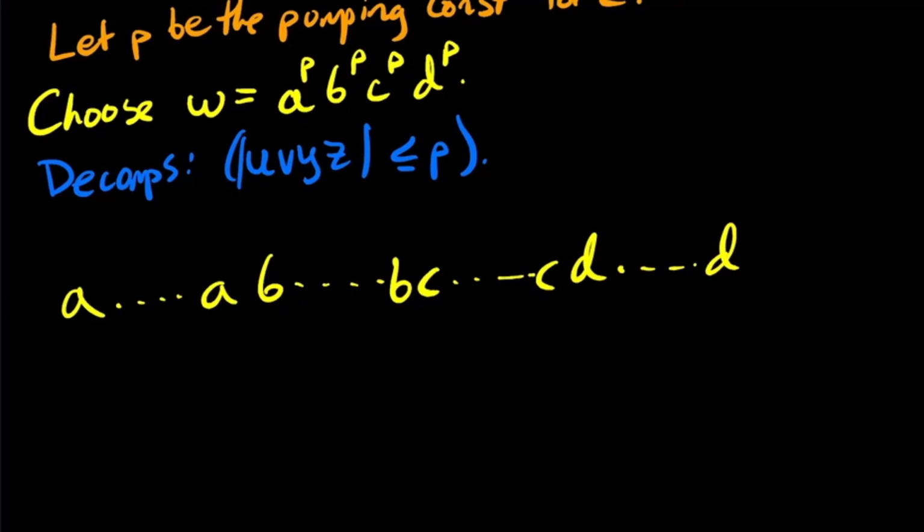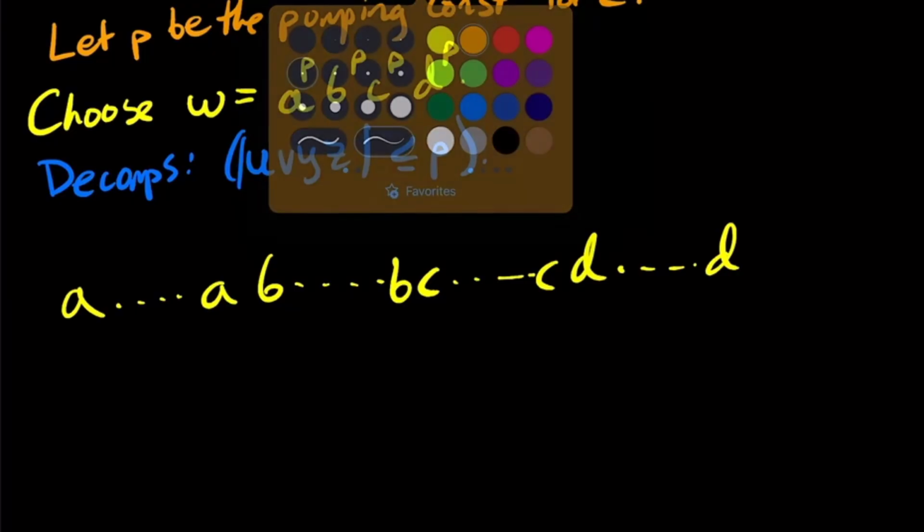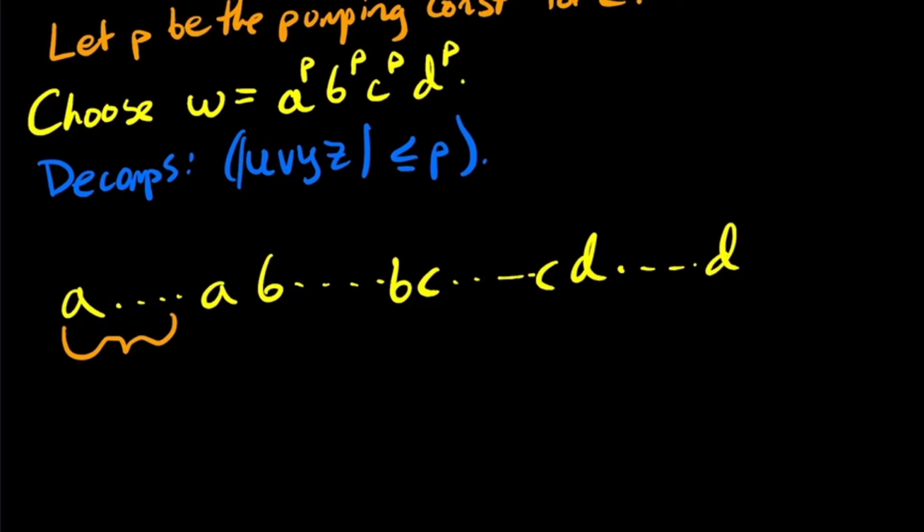So the u part is the beginning of the string, so it must belong in the a part. And the v part is immediately after the u, so it also must be in the a's because there are p a's, and all 4 pieces together are at most p characters. Never mind that, it's just the first 2. So the u and the v part are in here somewhere.